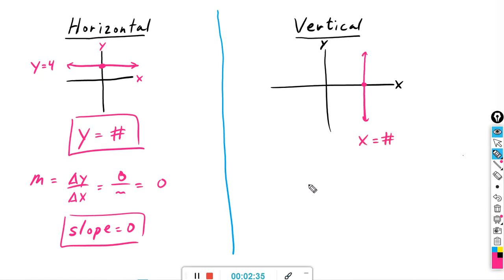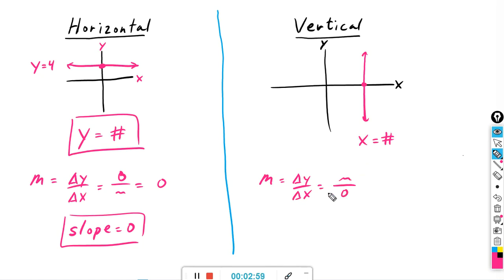And for the slope of the vertical line, again, we recall slope is change in y over change in x. But x equals some number. It's fixed. X does not change. So the slope is going to be some number divided by 0, because the change in x is 0.